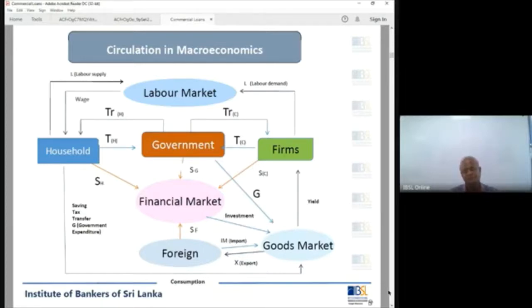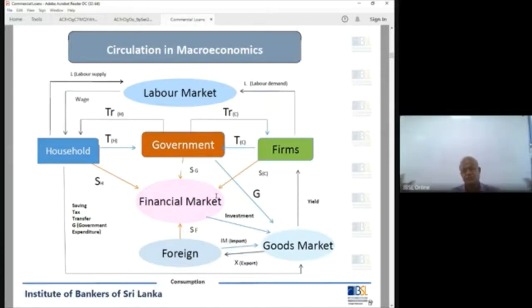You have the four sectors: households, government, firms and business, and the foreign sector. Then you have markets: labor market, financial markets, and goods market. Within those markets, you have a large number of players, different small markets. Then you have lots of transactions, transfers, taxes, savings, expenditure, imports, exports, like that.